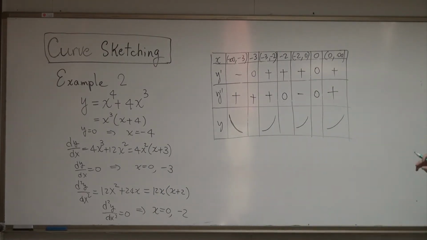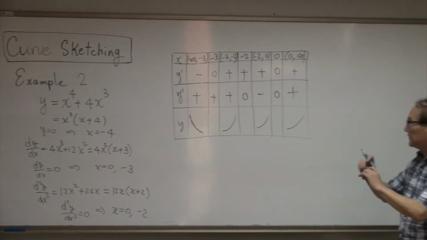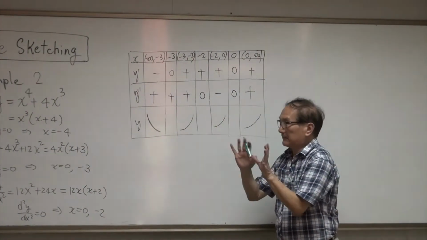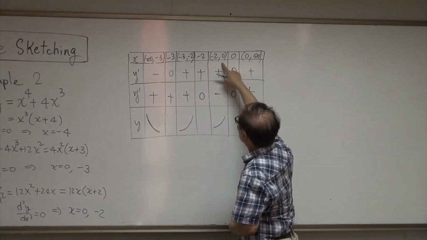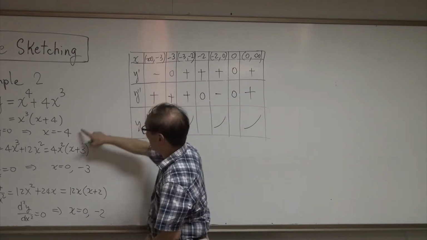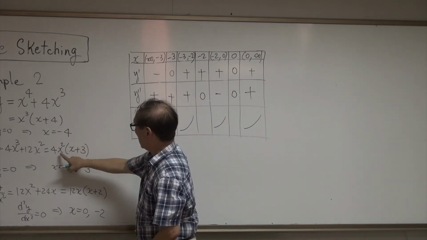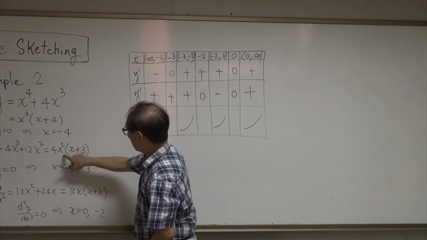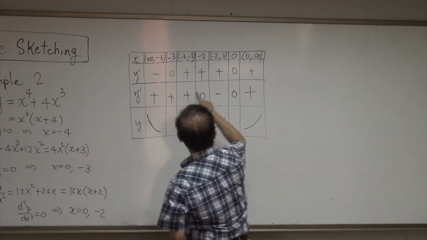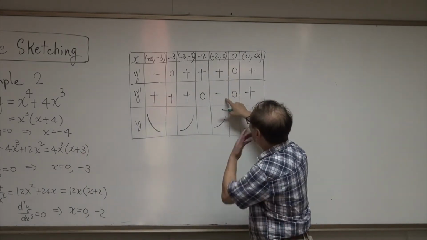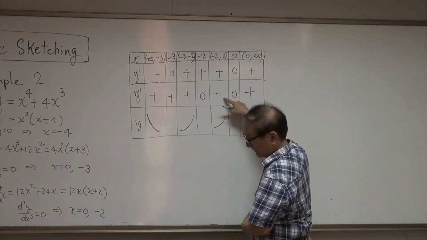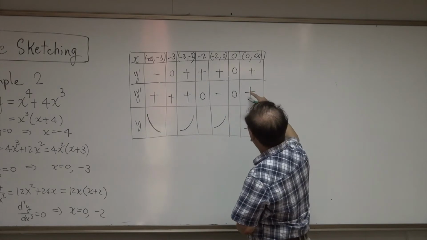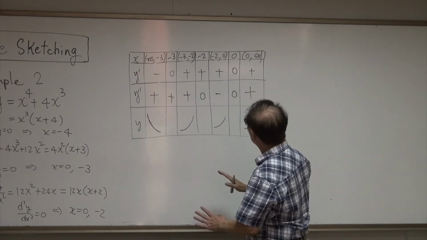Well, if you have some problem in connecting these curves, then it might be miscalculated somewhere. Somewhere it must be wrong. Let's check this one. Minus 1, in the first derivative of this one, is positive. It's correct. Second, that's right.